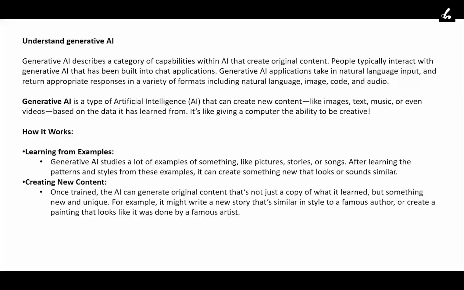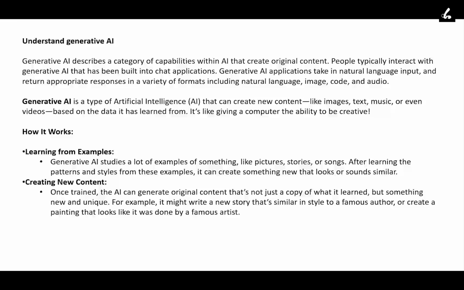Now, understanding generative AI. What does generative AI talk about? Generative AI is a type of artificial intelligence that can create new content like images, text, music, or even videos. A very practical example nowadays is ChatGPT, or in Microsoft Edge, we have the Copilot feature.